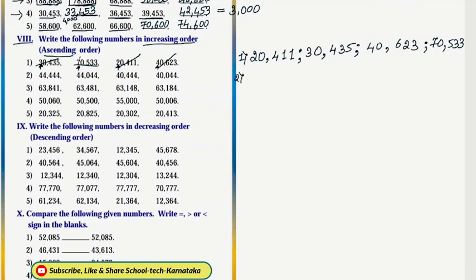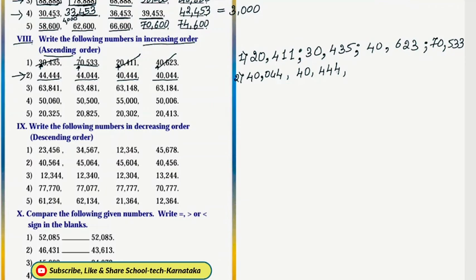Similarly, for our next exercise we have 44,444, 44,044, 40,444 and 40,044. So the smallest number is 40,044 and our next number here is 40,444.